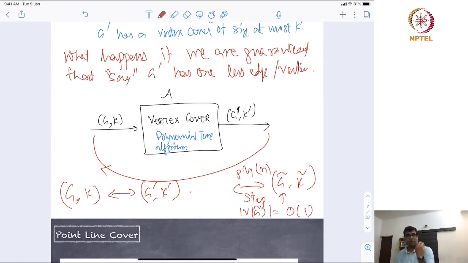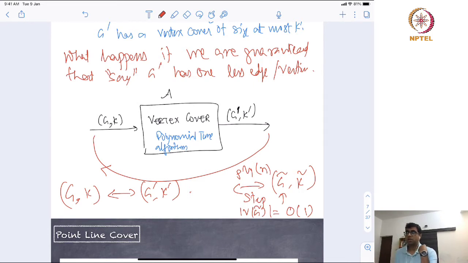Once I have applied this polynomial time algorithm polynomially many times, I still have a polynomial time algorithm. We started with a large instance, but after polynomially many applications of this algorithm, we are able to reduce the input size to constant, and now we can solve the problem in polynomial time.